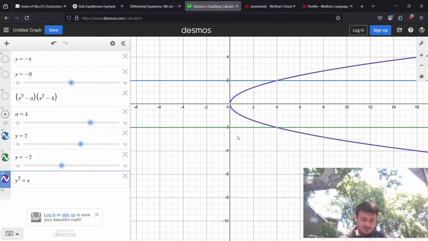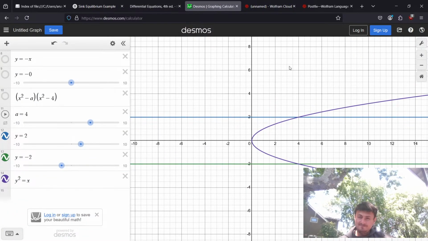So it's plus all up here. It's minus here. It's plus here. So if we were to draw this full thing, we're going to get 2 lines, and then we're going to get this.